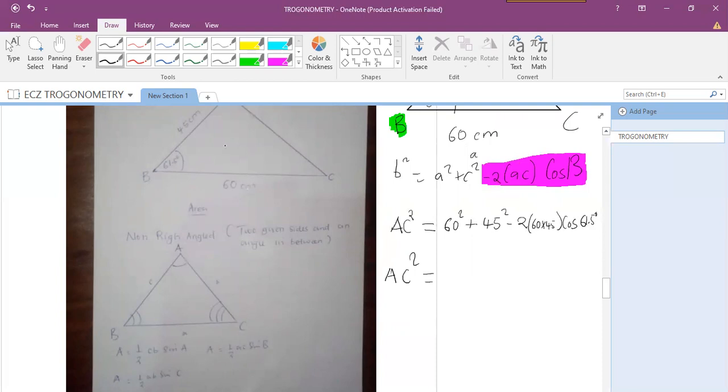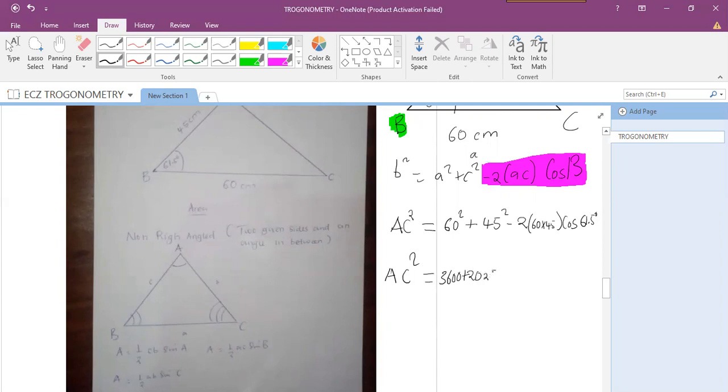Then plus 45 times 45. Now you get something like 2025.